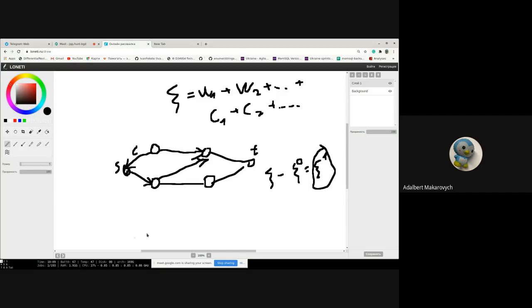So C1 can be divided into cycles without any ways. Now we can say that C is equal to C0 plus these cycles.